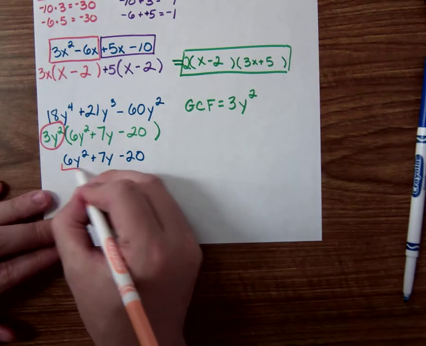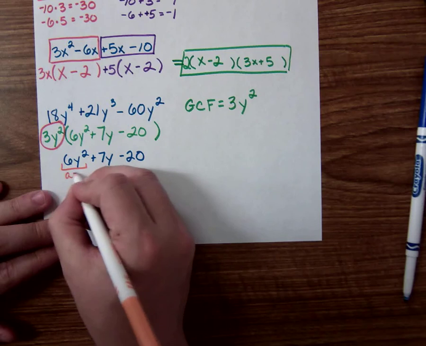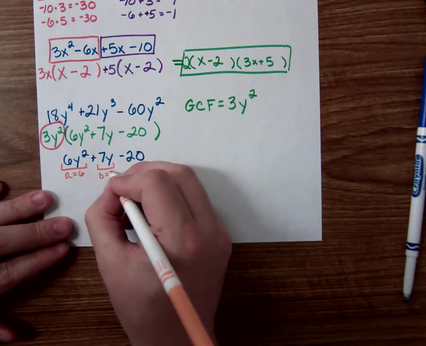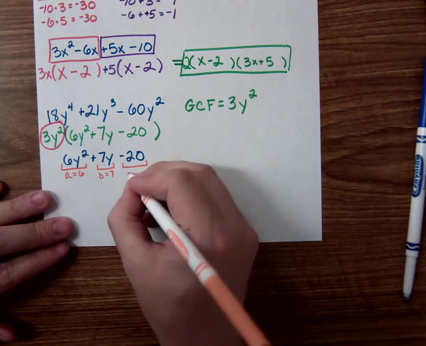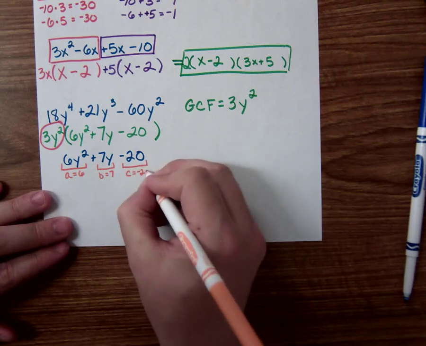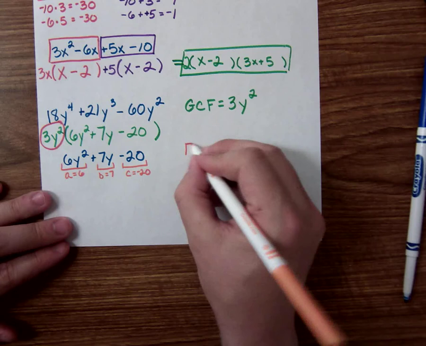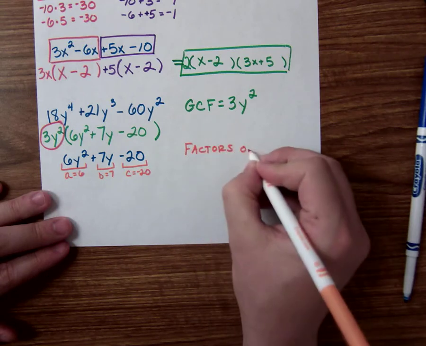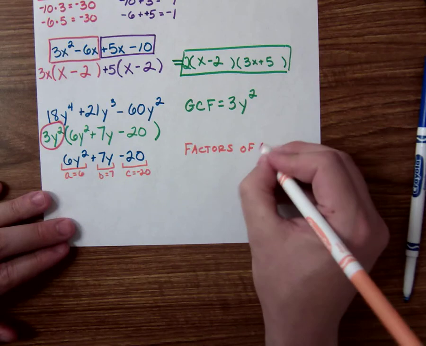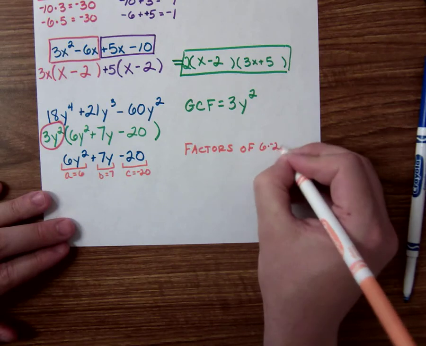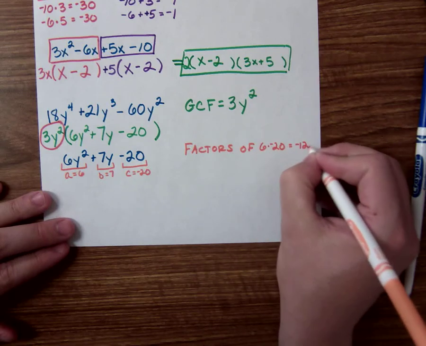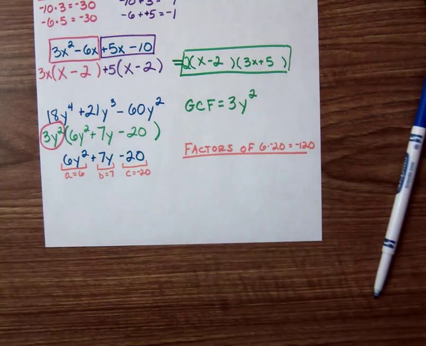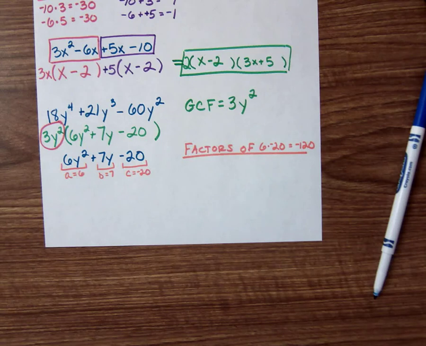So what's A? 6. B is 7. And C is? Negative 20. So I'm looking for factors of negative 120. Whew. That's why you said this is the best problem. Yeah, this one's pretty rough just because the numbers are big.